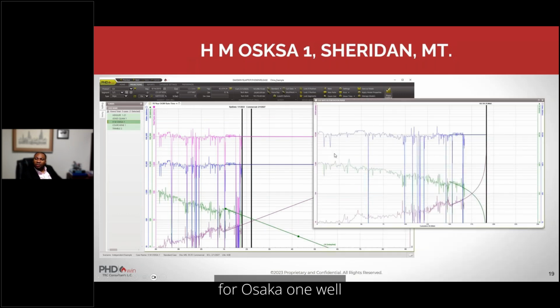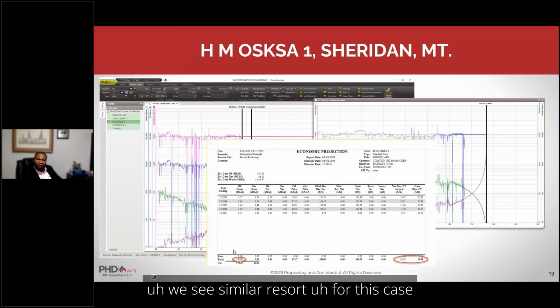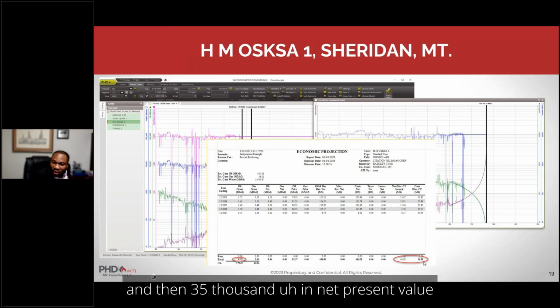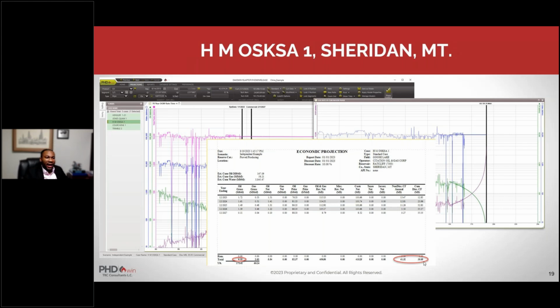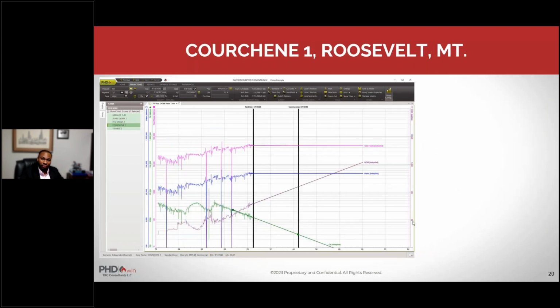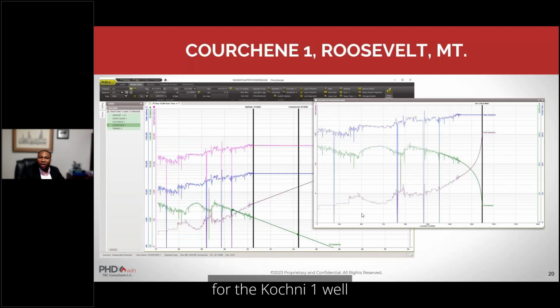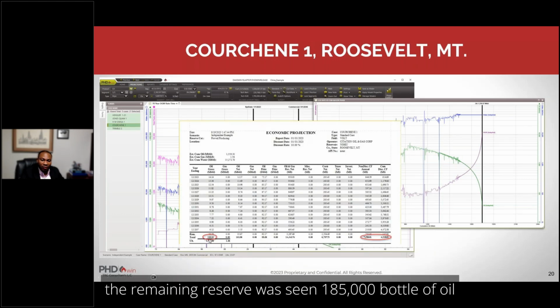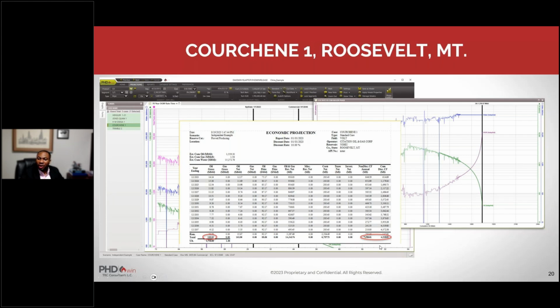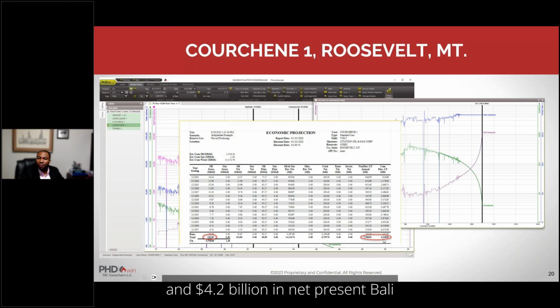For the Osaka 1 well, we see a similar result. For this case, we see around 6,000 barrels of oil remaining, and then $35,000 in net present value at a discount rate of 10%. For the Couchney 1 well, the remaining reserve we're seeing is 185,000 barrels of oil and $4.2 billion in net present value.